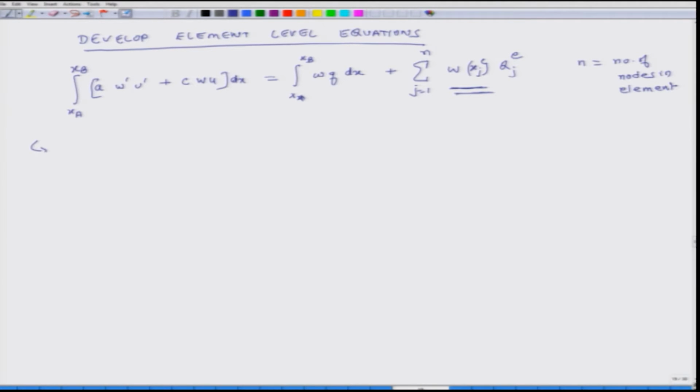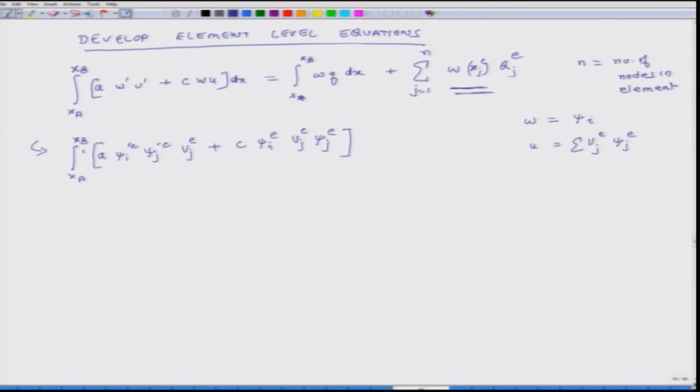We will develop this further, and we have said that w is the weight function, and that equals psi I. On the left side I have a times psi I prime, and u equals the summation over j of u j for the eth element times psi j for the eth element, plus c psi I e times u j e psi j e.